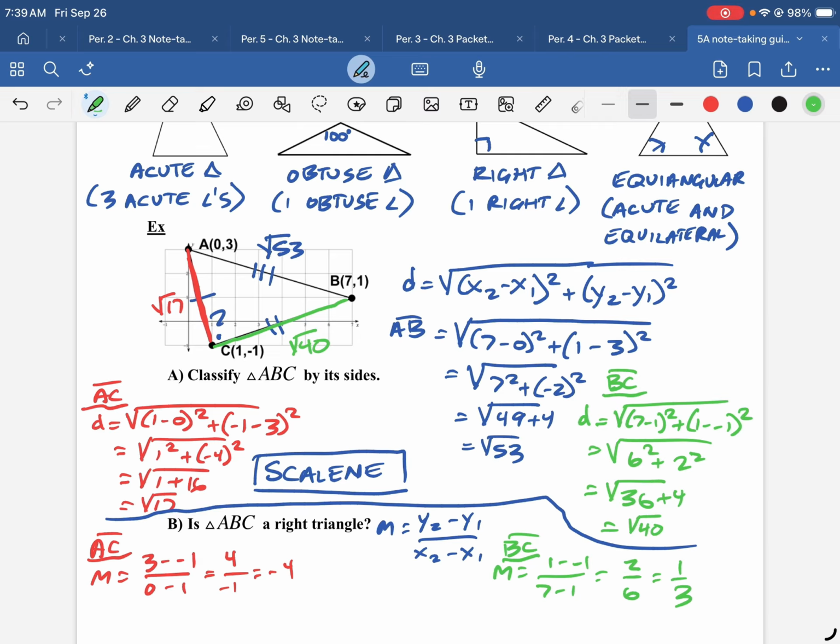So even though it kind of looks like a right angle, we actually don't have a right angle here because this slope is 1/3, and this slope is negative 4. So those are not going to be perpendicular lines because they would have to have opposite reciprocal slopes. So if we had something like negative 4 and 1/4, for example, those would be opposite reciprocals and I would have a right angle. But since I don't have that happening here, my answer is no. So I do have a way to check for right angles, but that's the only way we can check at this time.